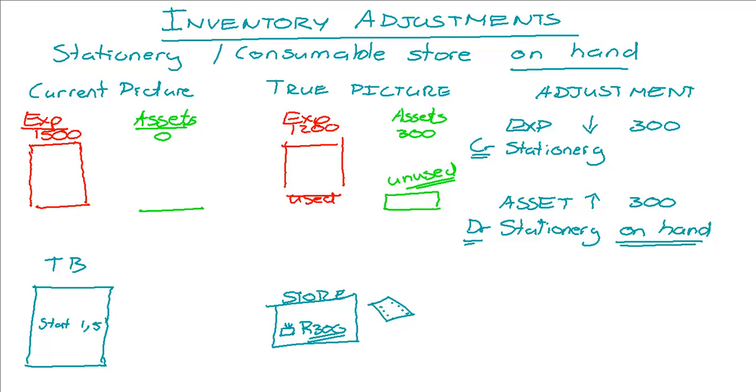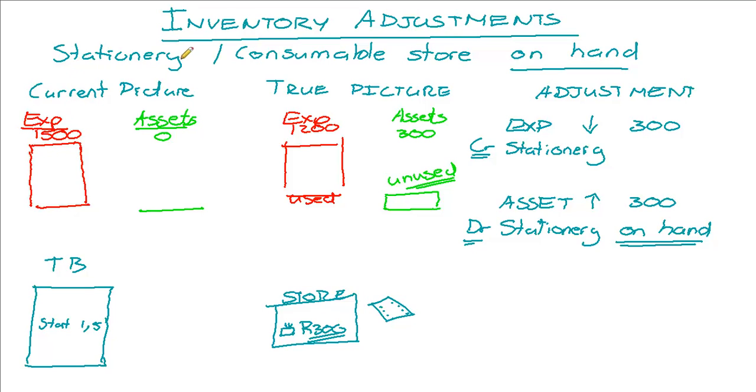So you'll remember with the trading stock deficit, we moved money out of the asset to an expense. With the stationery on hand, everything originally goes into the expense. With the trading stock, everything originally went into the trading stock account and we had to move it out to an expense.